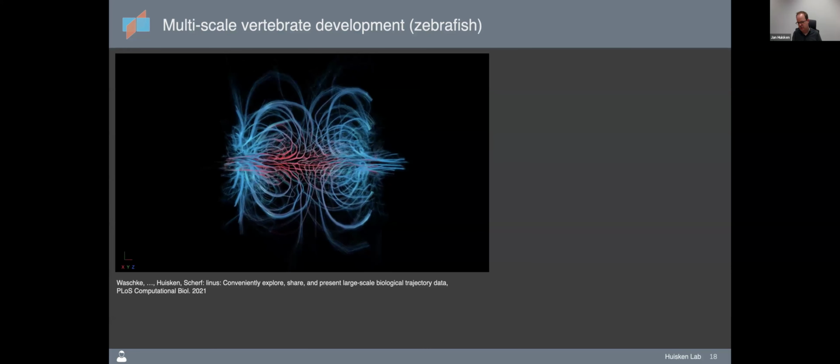This is shown here by condensing the tracks into the highways that the cells are taking, and then on top of that doing a Mercator projection, which basically visualizes the entire embryo in a world map, so to speak.